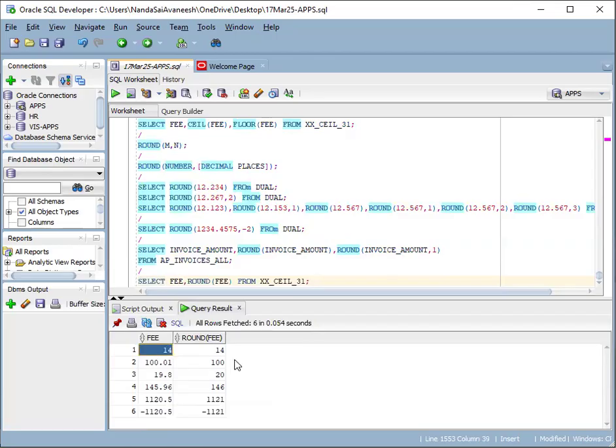This 14 rounds to 14 only. 100.01 is 100. 19.8 becomes 20 here, because after the decimal point the digit is greater than 5, so it is made 20 here. Here also 145.96 becomes 146. Here 1120.5 becomes 1121, and minus 1120.5 becomes minus 1121.